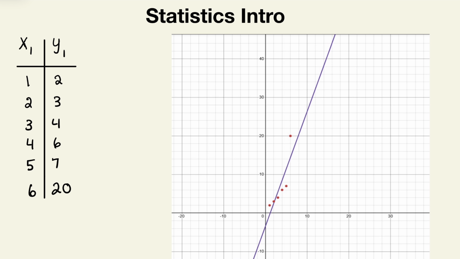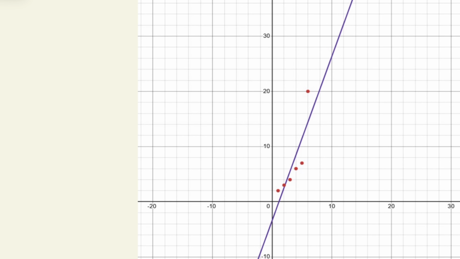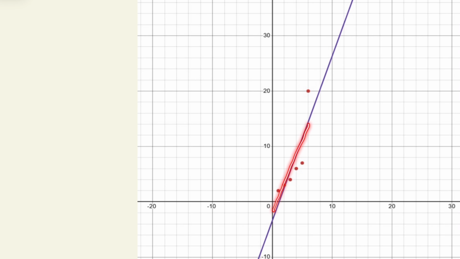And when the points trend upward from left to right, we say there is a positive correlation. And the line of best fit shows the overall trend of the data, even though it does not pass through every point. So you see that this line does not pass through every point.